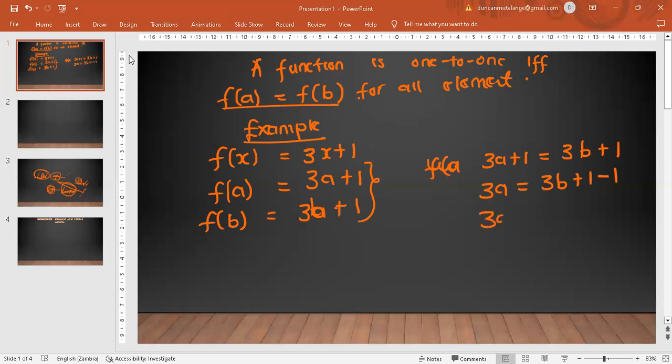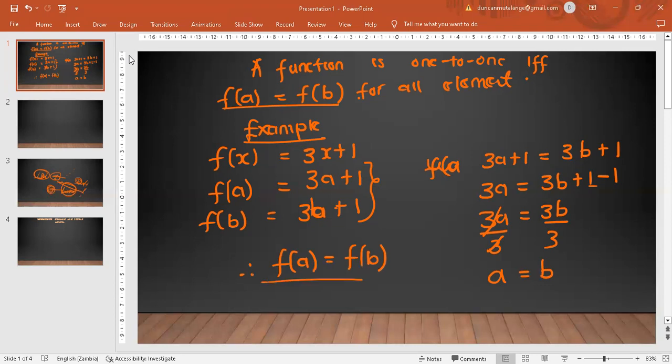We can clearly see here that these two cancel, so it will just be 3a equal to 3b. Then you divide both sides by 3, so that we remain with a is equal to b, therefore implying that f of a is equal to f of b. So this function is one-to-one.